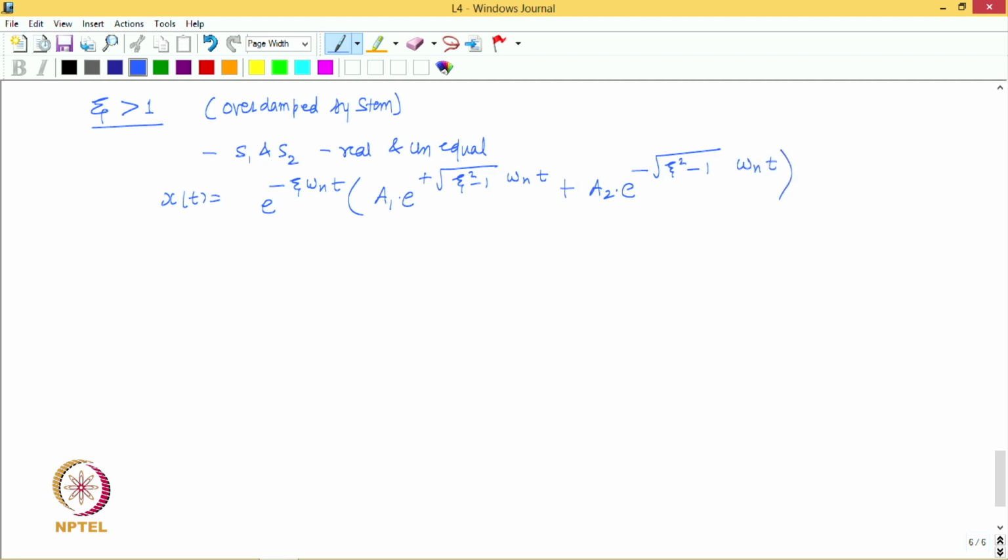So, this is the general solution, and a1 and a2 are arbitrary constants and they depend upon the initial conditions.